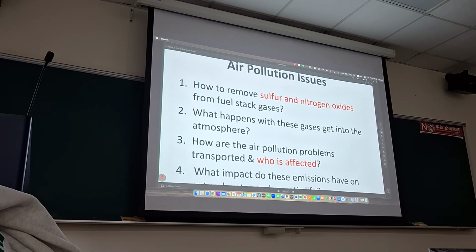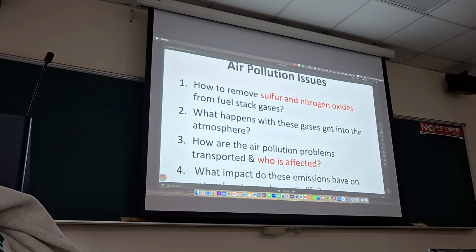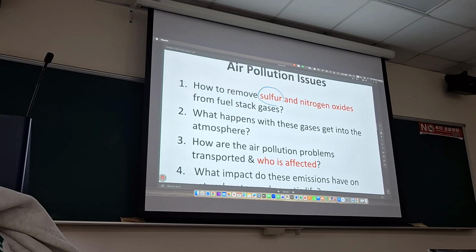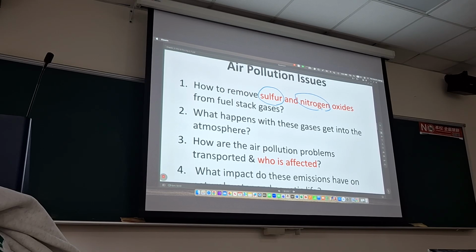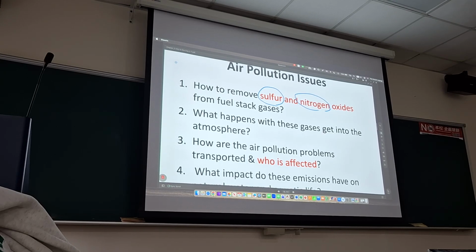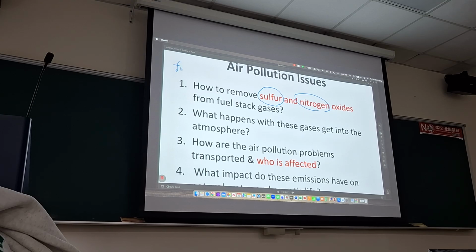Okay, the first question that comes to our minds about air pollution issues: how to remove sulfur and nitrogen oxides from fuel stack gases. What do fossil fuels mean?